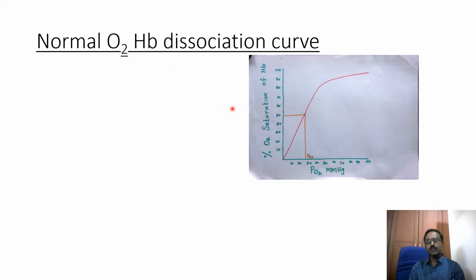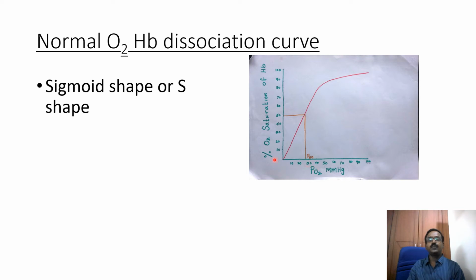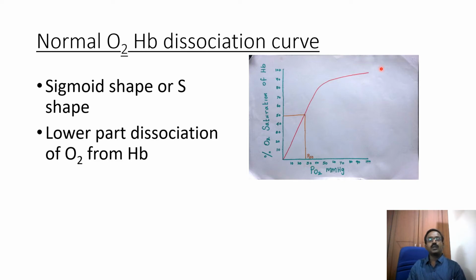The normal oxygen hemoglobin curve is sigmoid or S shaped. The lower part of the curve is steep, from 0 to 60 millimeters of mercury, and it reaches 90% oxygen saturation of hemoglobin. The lower part is steep and the upper part is flat.